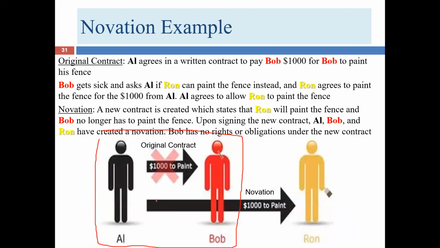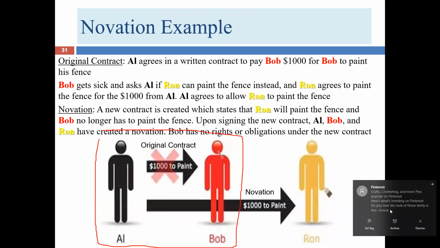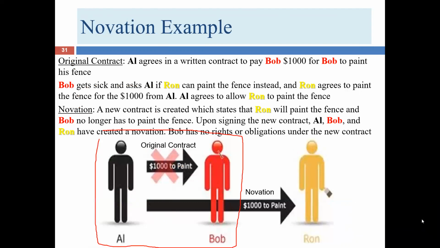Unfortunately for Bob, he gets sick, and he asks Al, "Hey, Al, I've got this friend Ron. Ron's willing to paint the fence for you for the $1,000." Al maybe does a check of Ron's business credentials, maybe gets some letters of reference, and Al goes, "You know what?